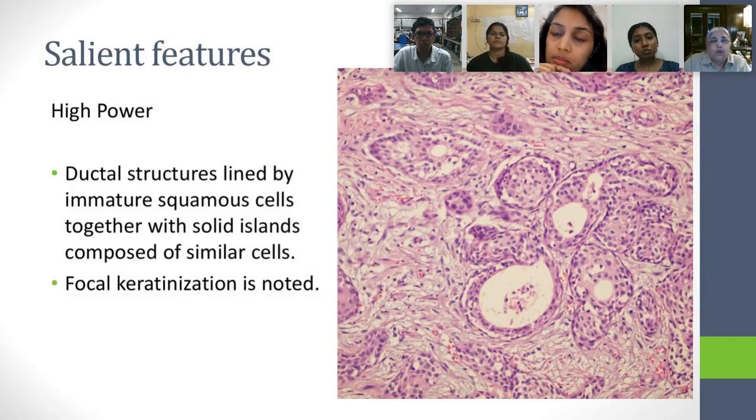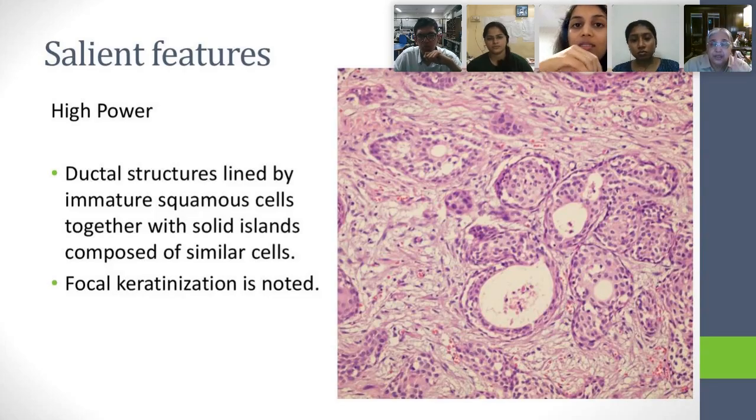Excellent. Now, what is not noted over here? We've noted everything that we have seen, but what is not noted? There is no mucus. Individual mucin secretion is not there. So we are seeing intermediate cells. We are seeing some amount of keratinization.